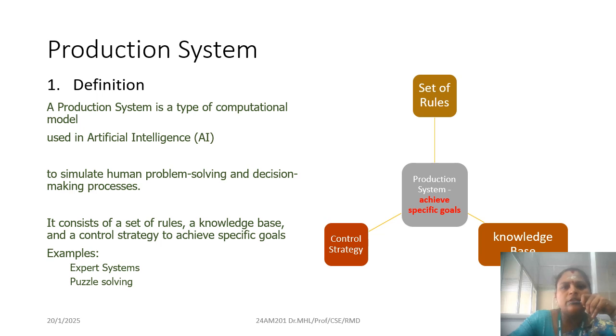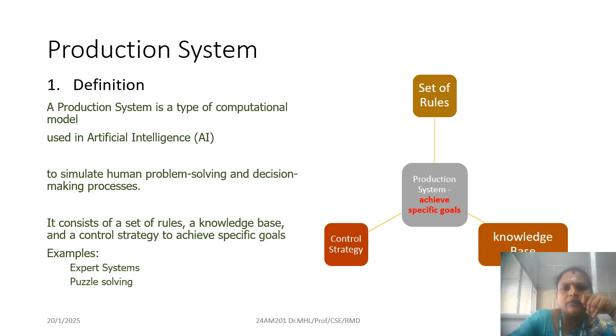Coming to the definition, a production system is meant for achieving a specific goal for a given problem. It is a type of computational model used in artificial intelligence. It will simulate the human problem solving and decision making process.